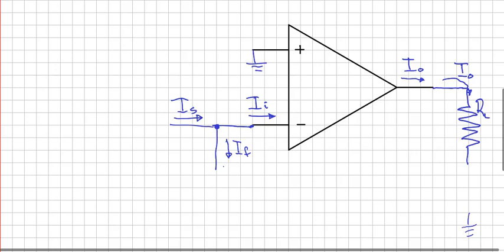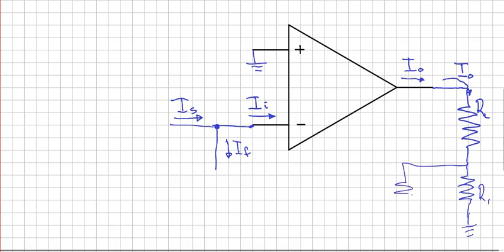So to me, the easiest way to do that is to make a current divider. So let's just connect a current divider on here. And I also have to have the other resistor, which is in parallel. And I'll call that R2. And that resistor needs to send a current into I_F.